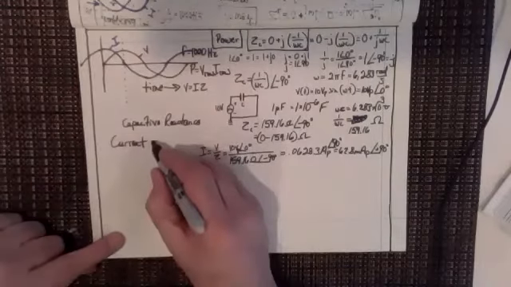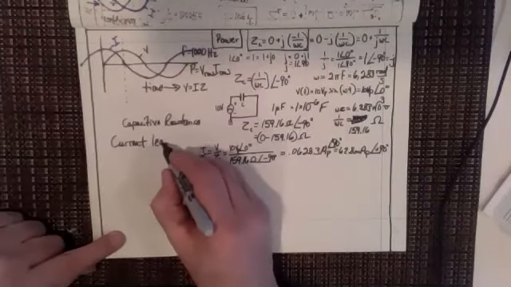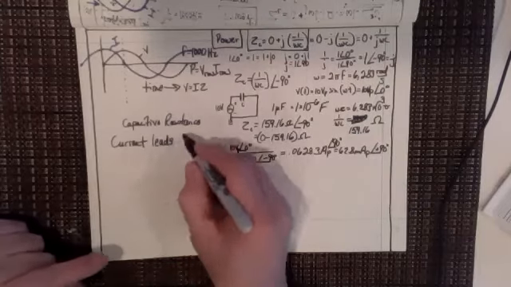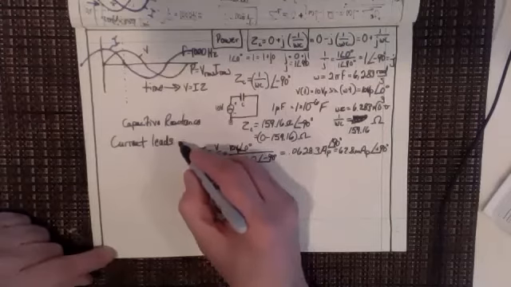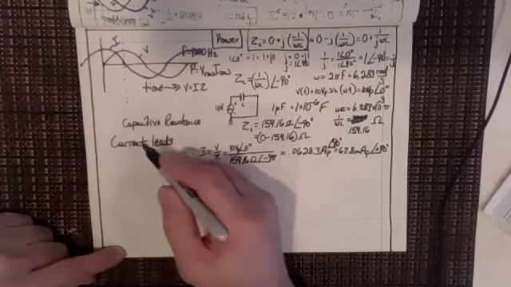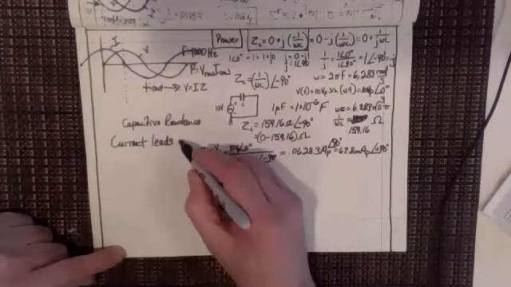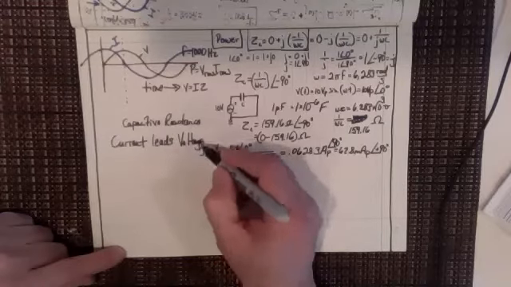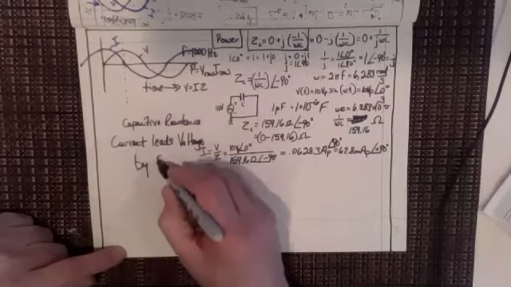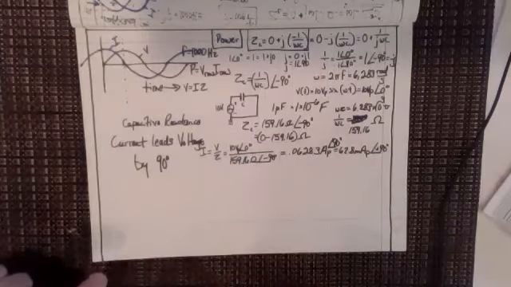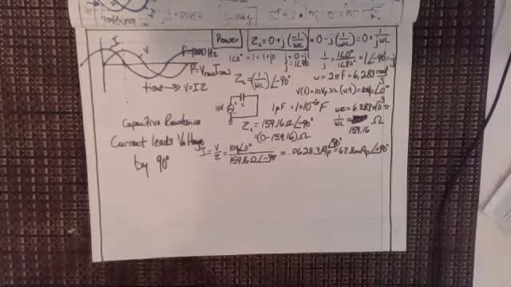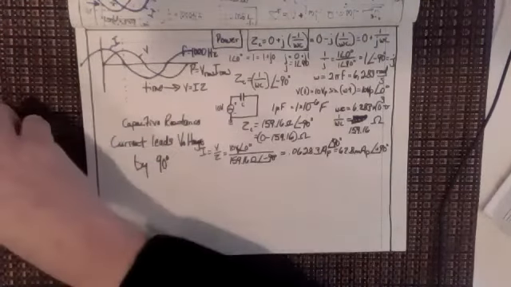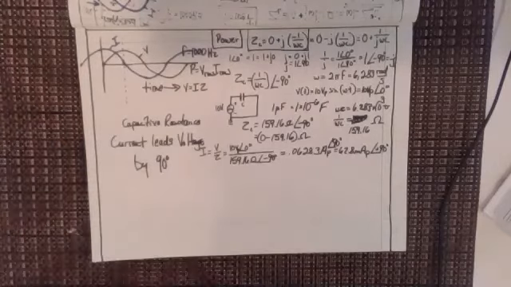So the current is leading, or it happened before. Think of really when I say leads, as the current happened before 90 degrees. Current leads voltage by 90 degrees. And of course, for an inductor, the voltage leads the current by 90 degrees, right?